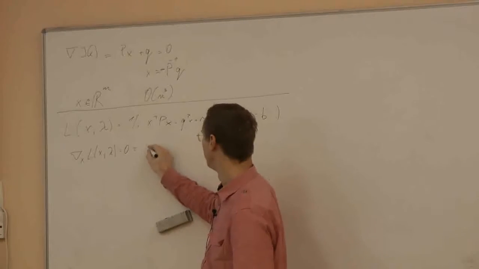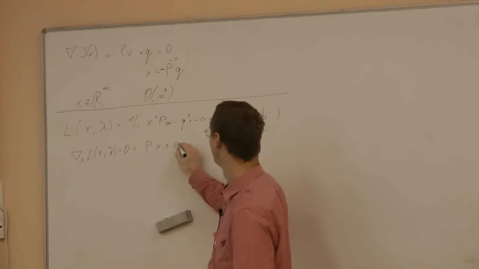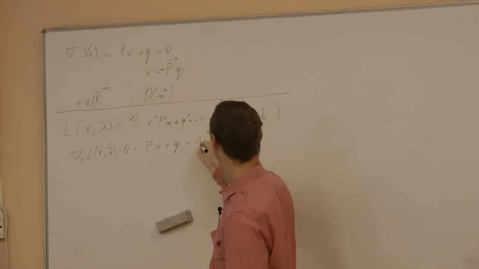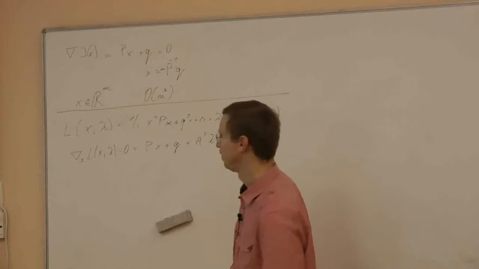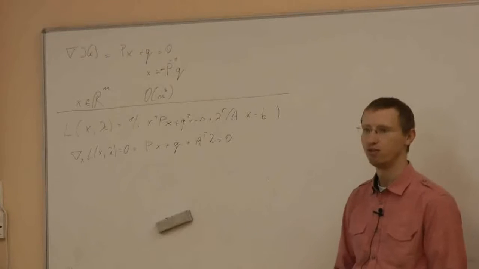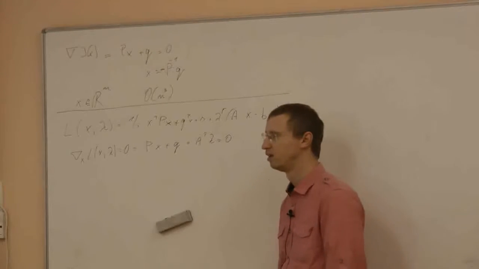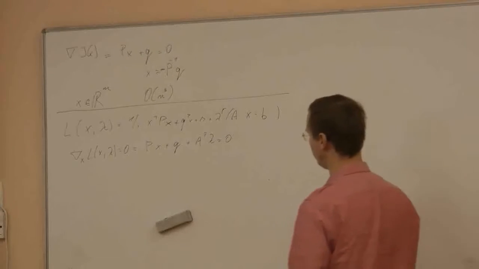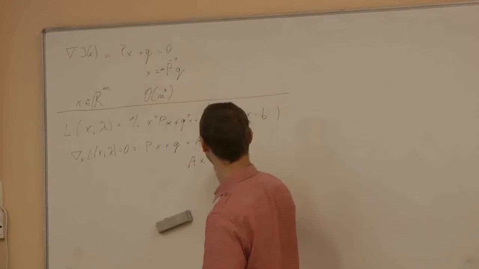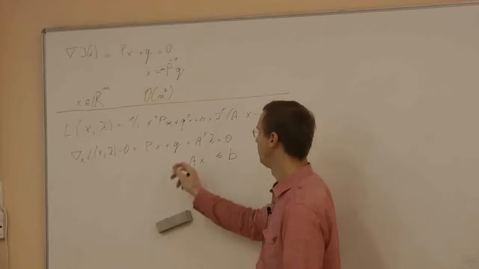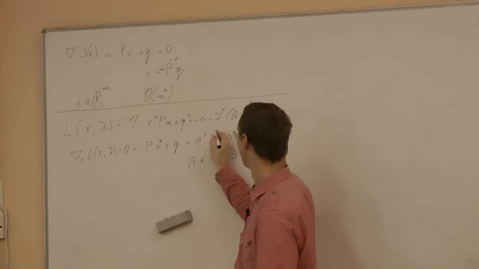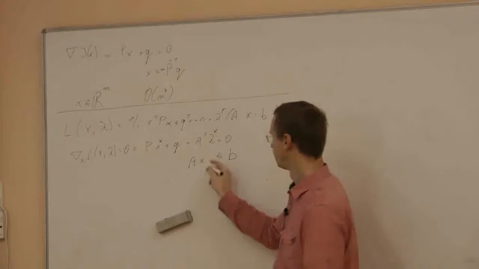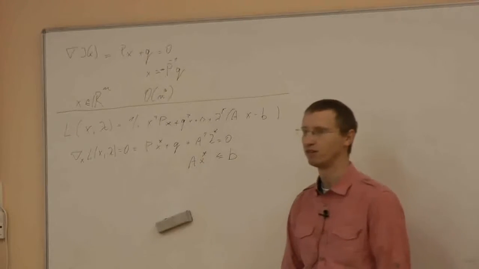The gradient we already had, that was just Px plus q plus A transpose times lambda is equal to 0. Then we had primal feasibility. What was primal feasibility? That were just the constraints, so Ax less than or equal to b. And we should technically write a star here, because the gradient is 0 only at the optimum, nowhere else. So here we would put a star as well.